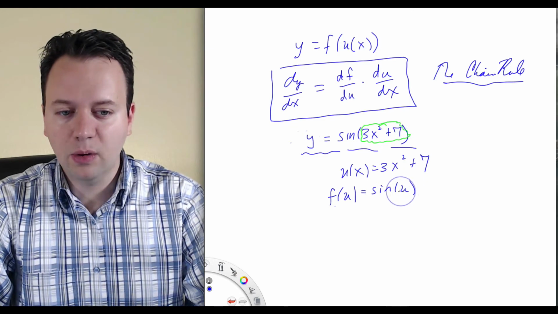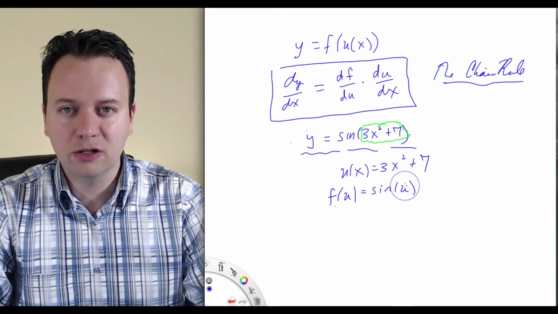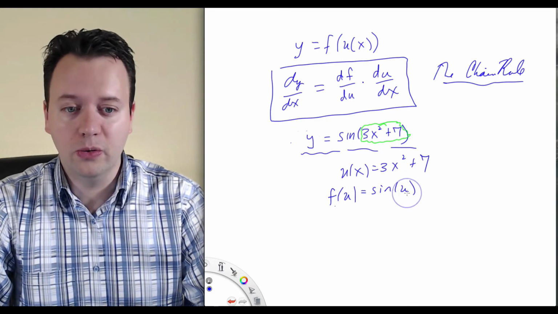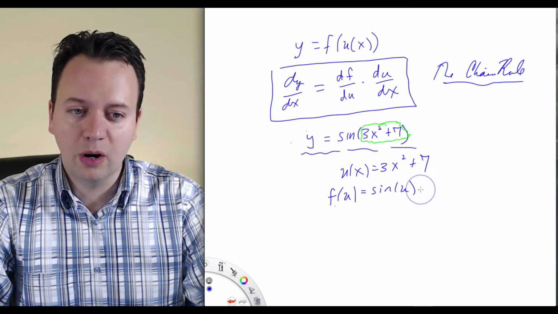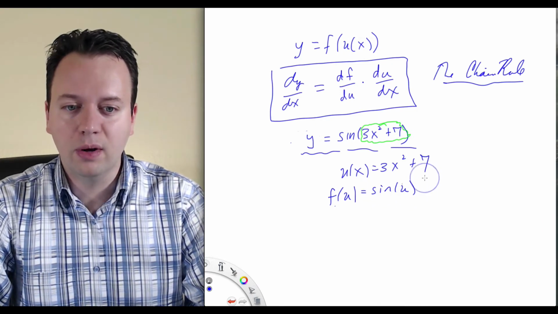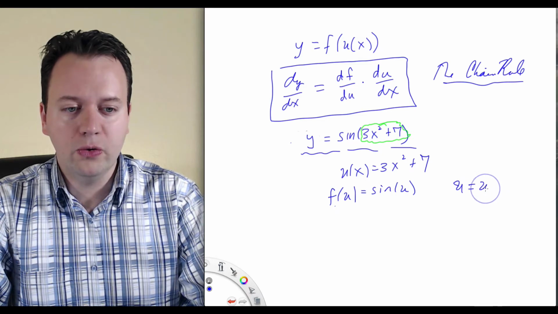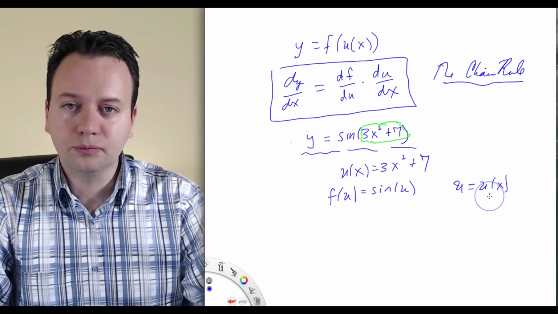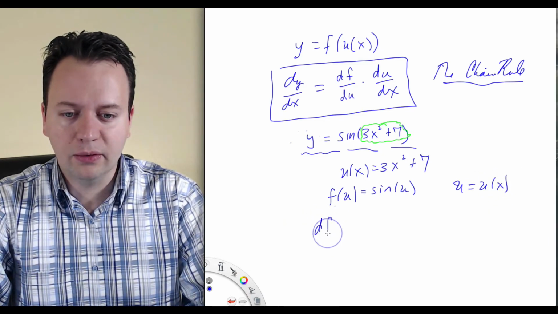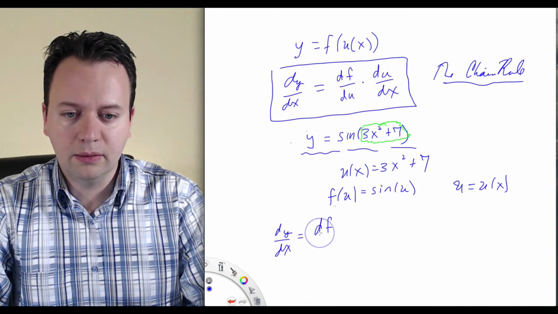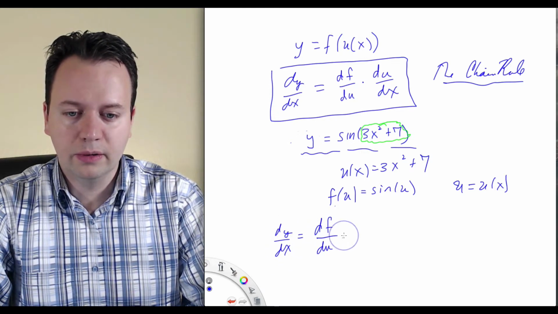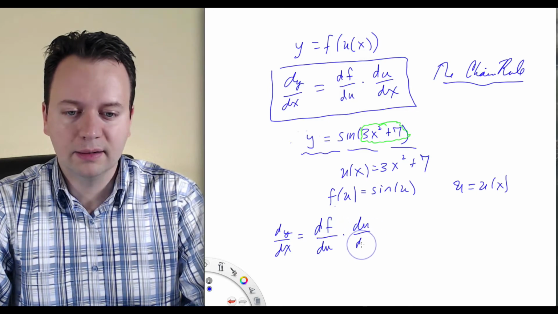We're basically replacing that inside function with just a single variable u. So instead of sine of 3x squared plus 7, we have sine of u, and we understand that u is equal to u of x. So the rule says that dy dx is df du times du dx.